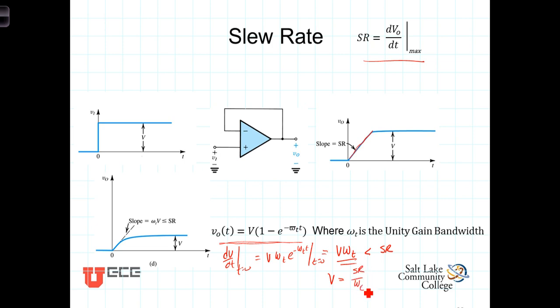If the voltage is greater than the slew rate divided by the unity gain bandwidth, then it's trying to change faster than the slew rate limitations of the amplifier will allow it.